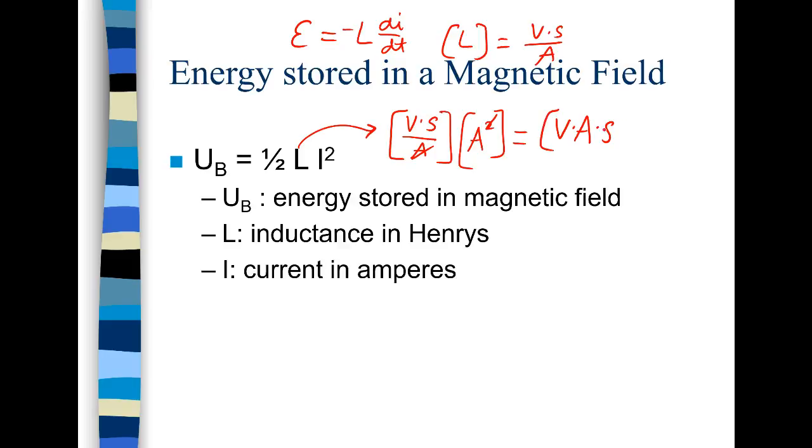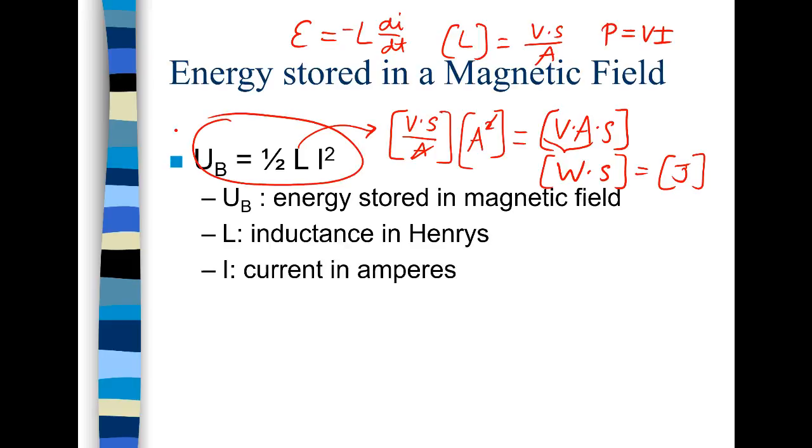Now I actually recognize that because remember that power is equal to VI, which is watts. So that means that volts times amps is watts, and watts times seconds is joules. So once again, through the power of units, we can see that an equation that I'm not proving could actually be reasonable. Okay, so this is the equation for the energy stored in an inductor.